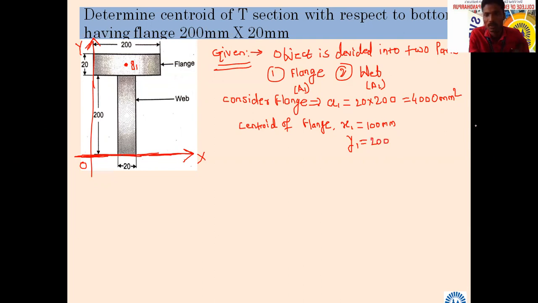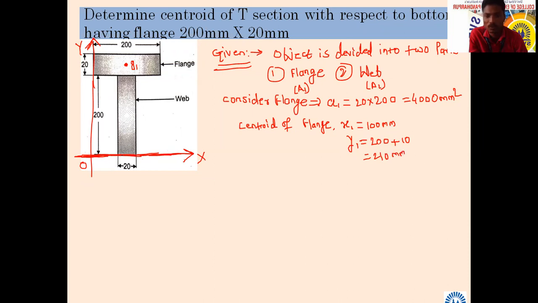Whatever the height of the wave, we have to consider it: 200 plus 10, 210. Don't worry, I'm going to add 200 plus 10 for your understanding, and it will become 210, no?